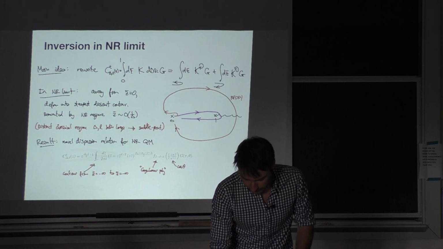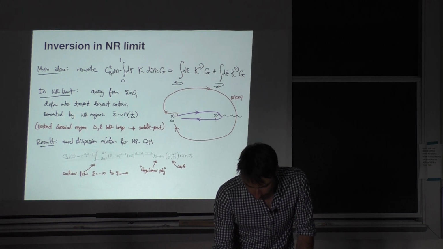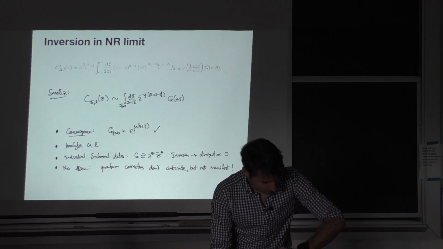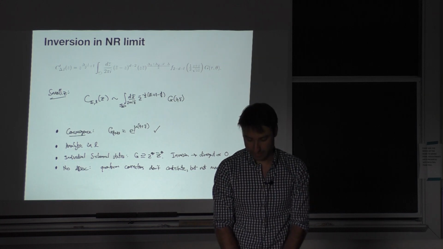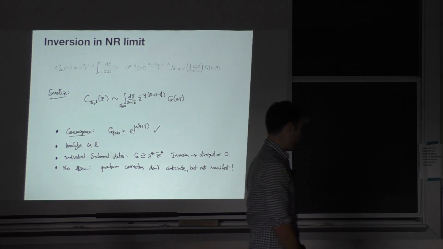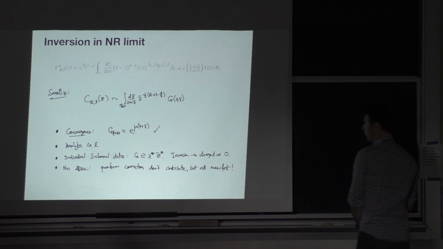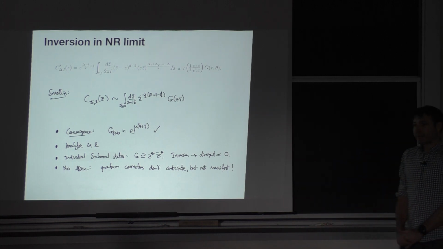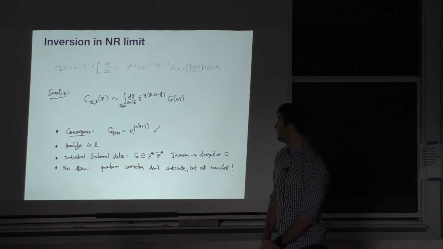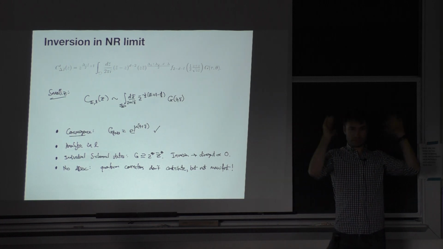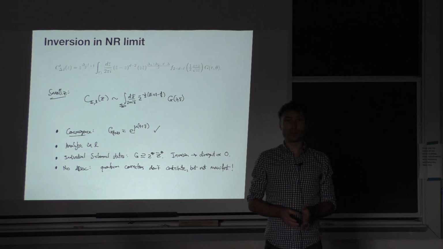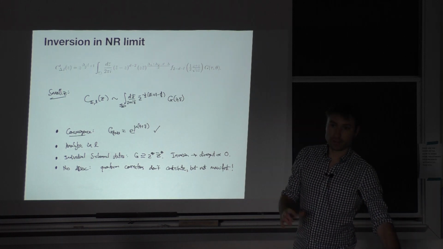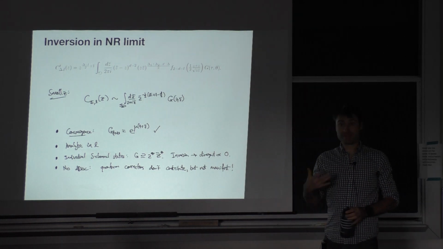Okay, and the last thing I'll say, I won't take too much more of your time, so I won't go through the details. I'm happy to explain afterwards how this all goes. But you can actually take this inversion formula, this CFT thing, and ask what happens if your correlator is governed by the non-relativistic regime.